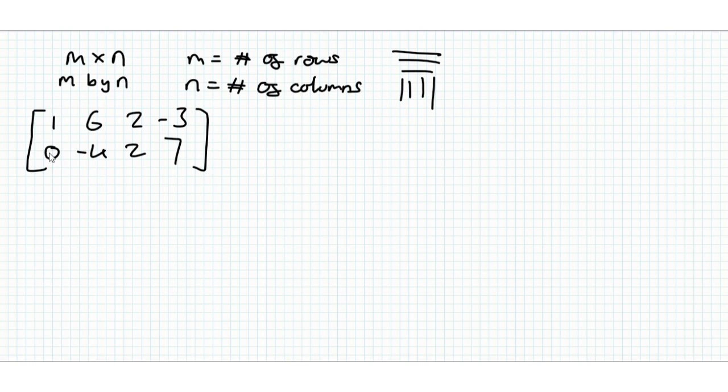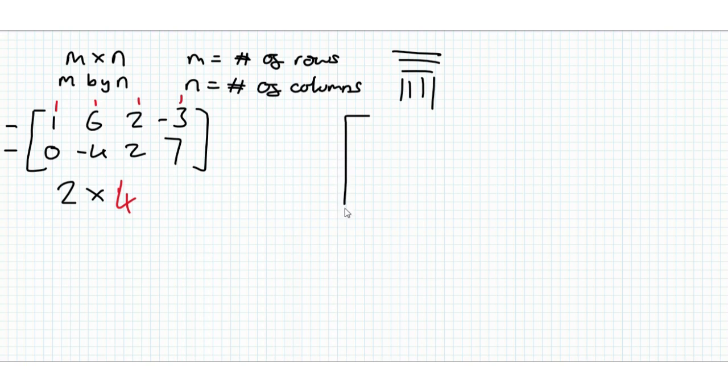You don't read this as 1, 0, 6, minus 4. You read it as 1, 6, 2, minus 3, 0, minus 4. And this matrix is 2 by 4, as you can see: 2 rows, 1, 2, 3, 4 columns.